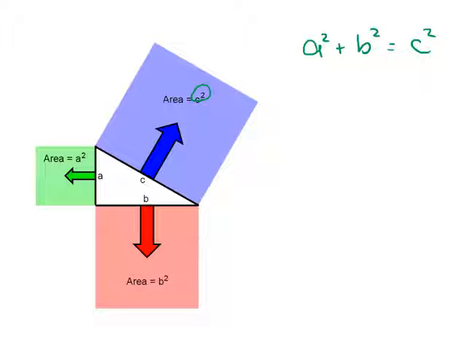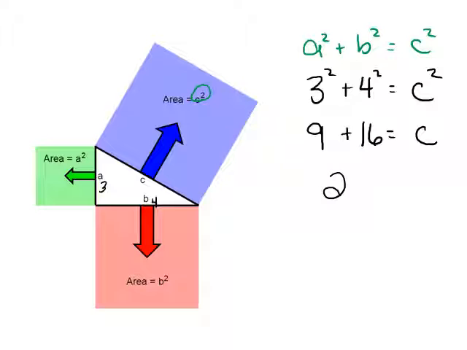So one of the common misconceptions is that people will go, well, if this is 3 and this is 4, 3 squared plus 4 squared equals, we don't know yet, C squared. 3 squared is 9, 4 squared is 16, and then maybe they'll just do this and say, oh, 25 equals C. But you see, I had a squared going, and then all of a sudden it's gone. So remember to keep your squared all the way through.